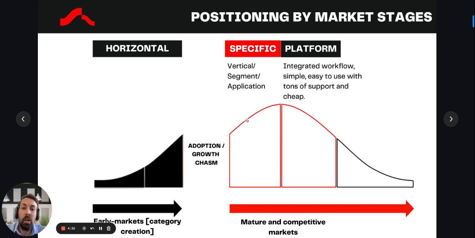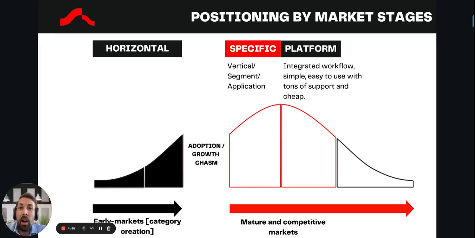Platform means that once we cross from the early majority to the late majority, the positioning can be, again, a little bit more horizontal in terms of providing different solutions. And Stripe is a great example of that, and we will talk about Stripe right now. So you can go from specific to platform as the market develops, but that takes years, of course.